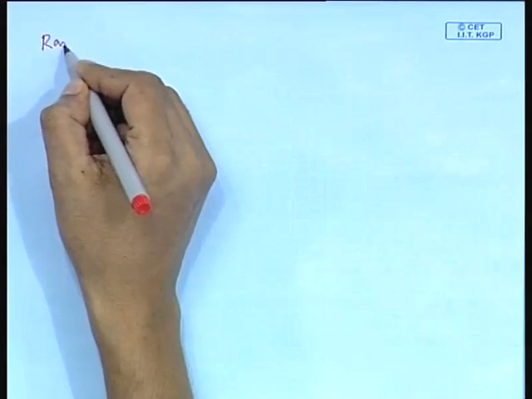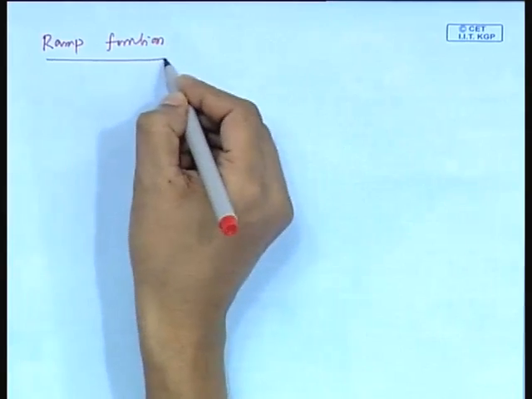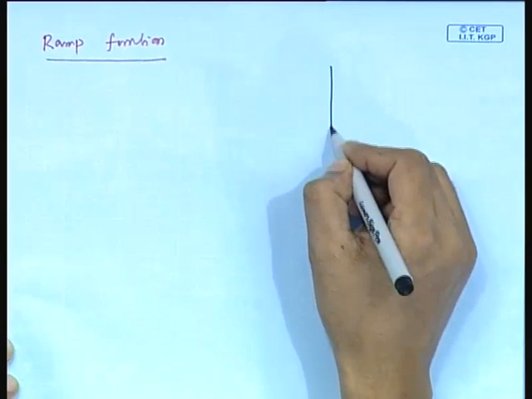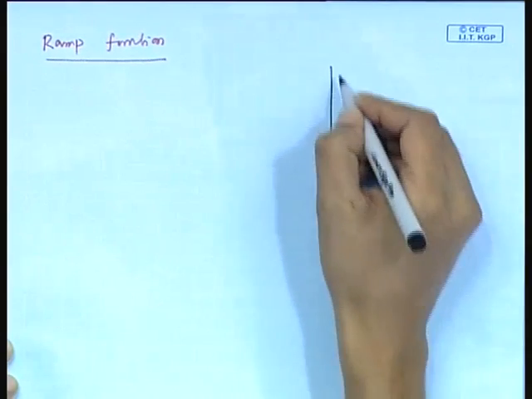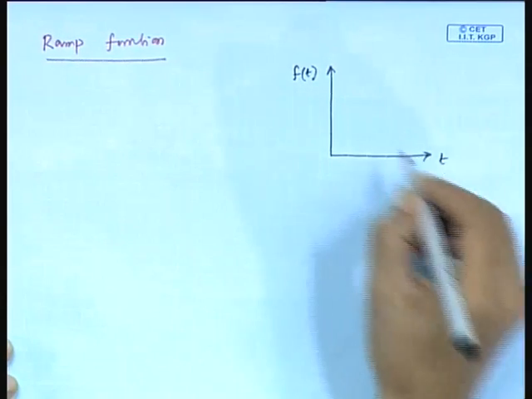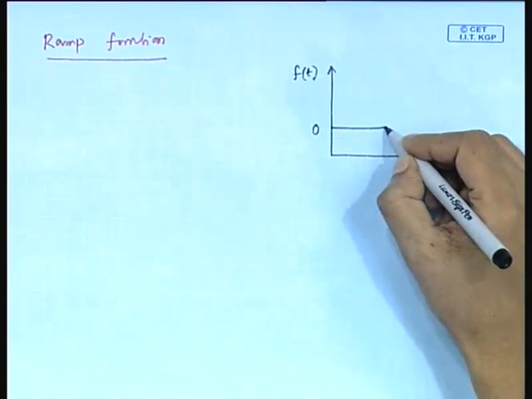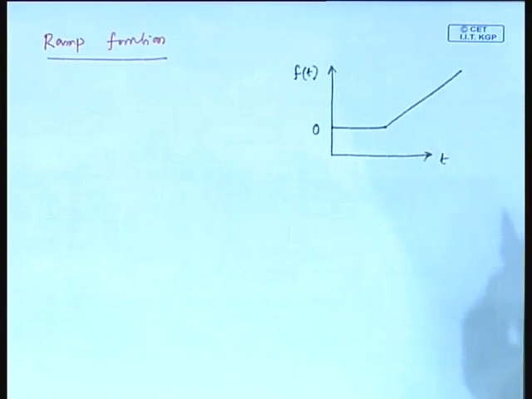Another input function also used in process control is the ramp function. We can represent this function in this way: time t, initially it is 0, then it changes like this.